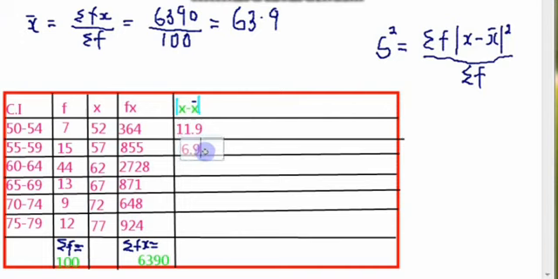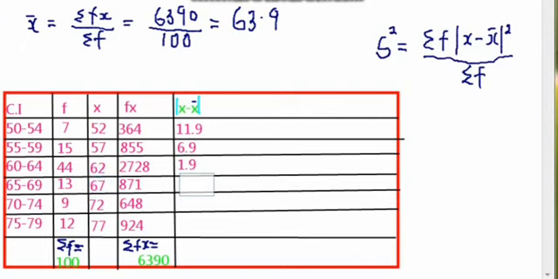In the next row we have 62 minus 63.9, which is minus 1.9, but the absolute value changes it to 1.9.